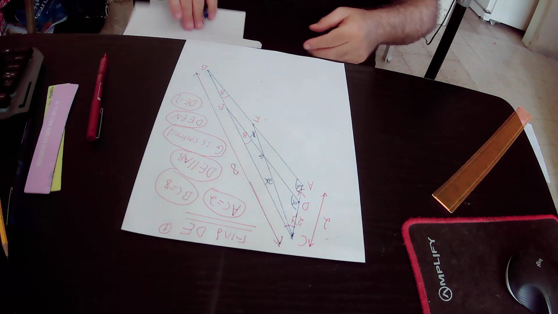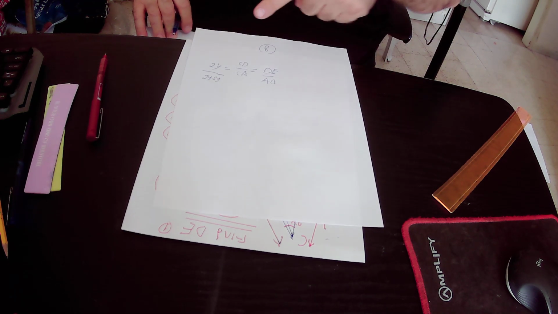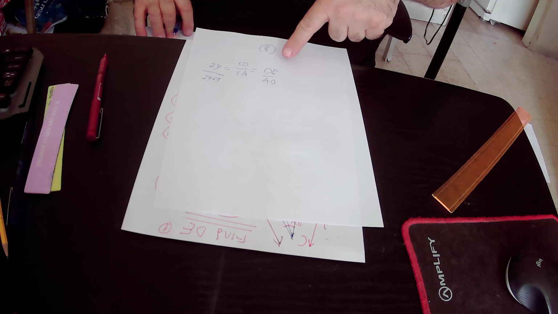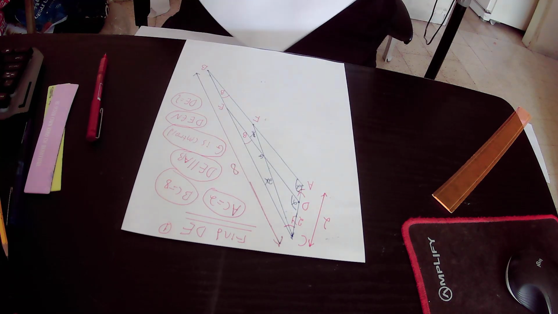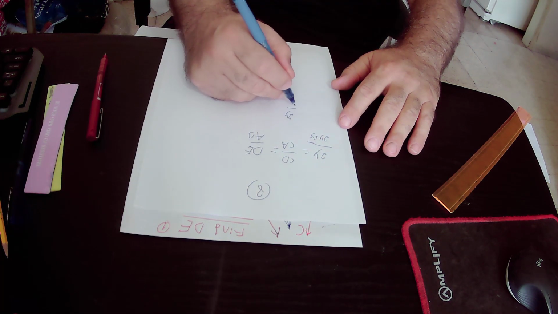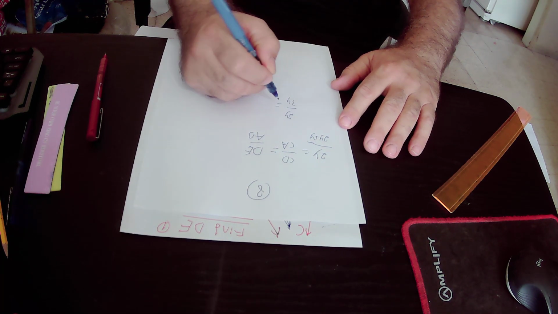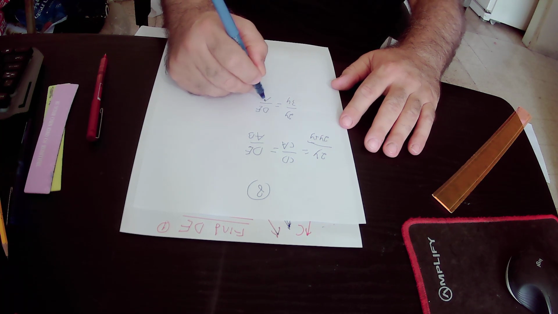Okay, so we found out that 2y over 3y equals DE over AB. So I write it down. 2y over 3y equals DE over AB.